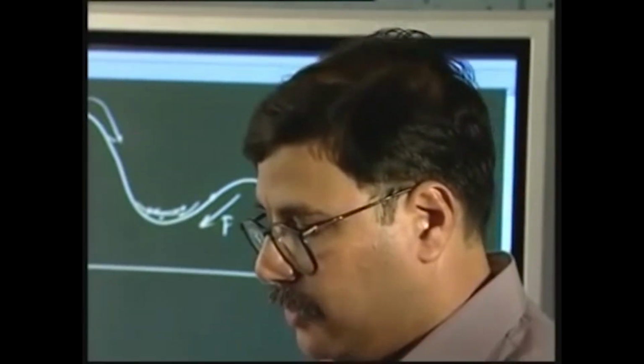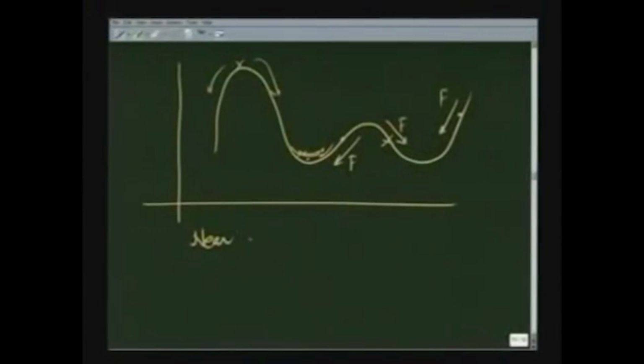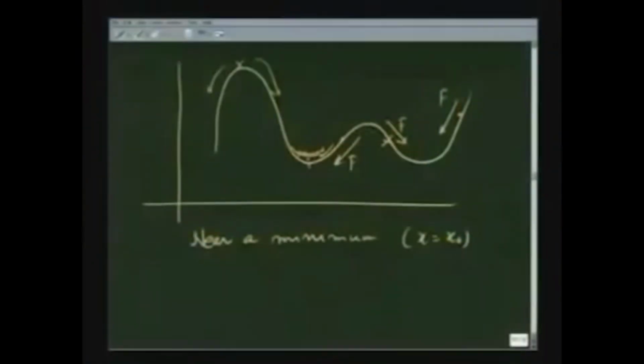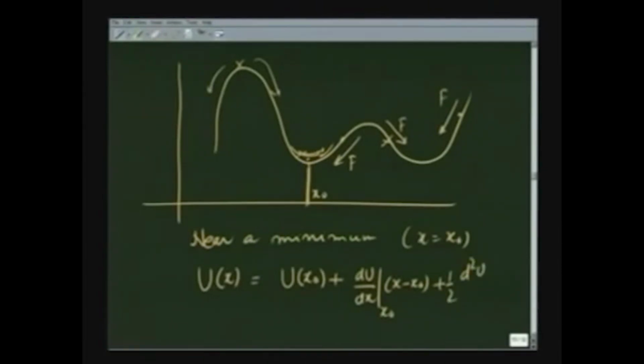Let me explain that. So, near a minimum, and let us call that minimum x equals x0, I have u(x) slightly away from the minimum, by Taylor series expansion, as u(x0) plus du/dx at x0 times (x minus x0) plus 1/2 d²u/dx² at x0 times (x minus x0) squared.